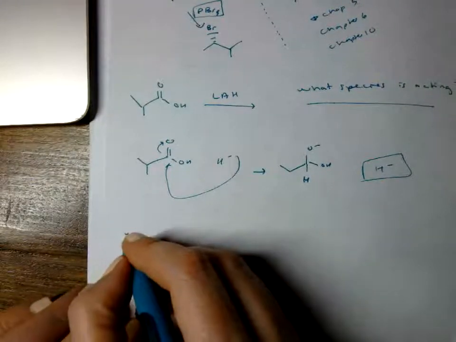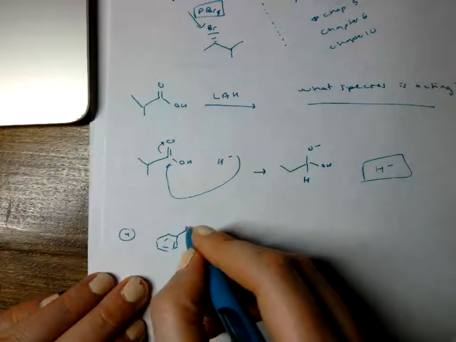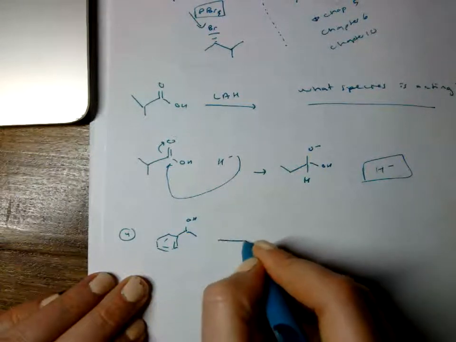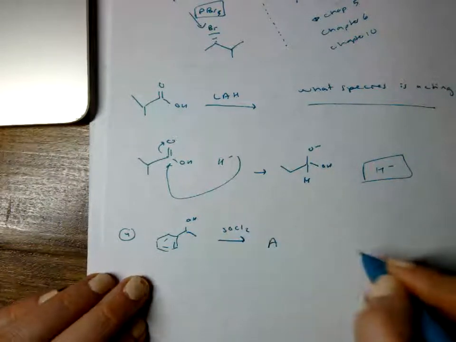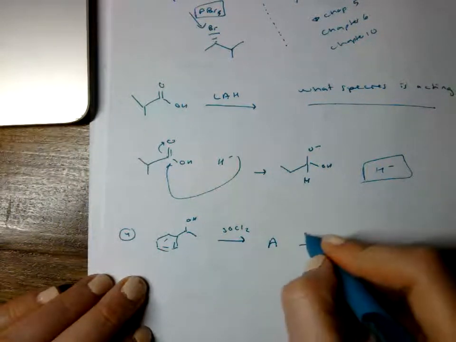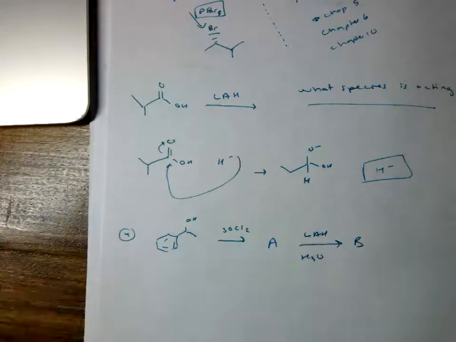And then the last question is, we have a secondary alcohol that reacts with SOCl2 to become something, and then it reacts with LAH and acid to become something else.